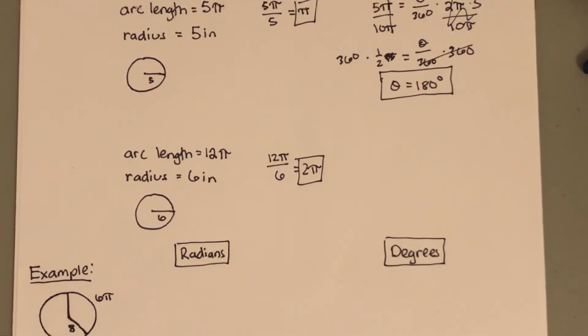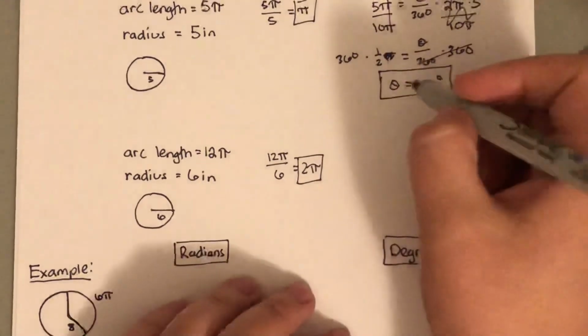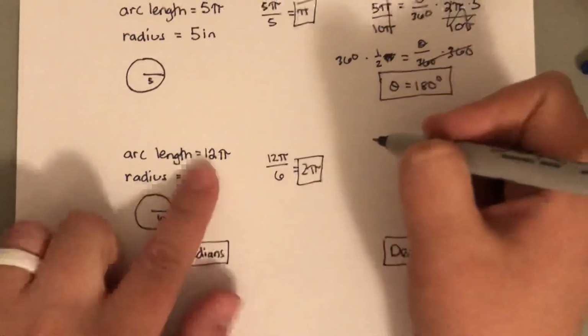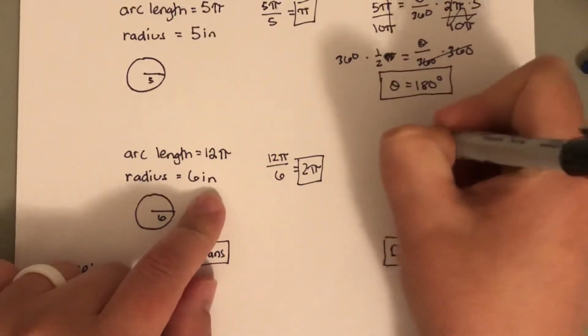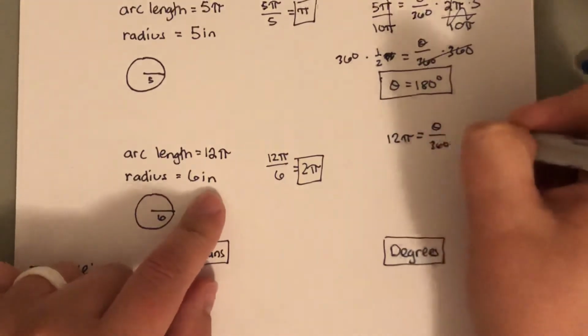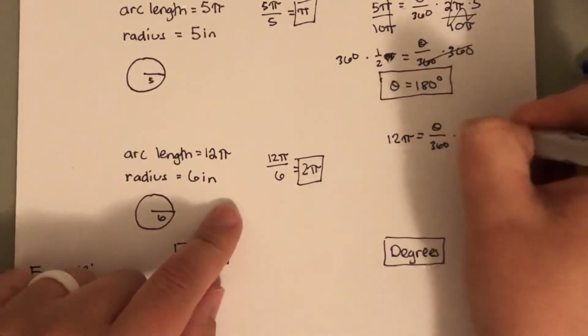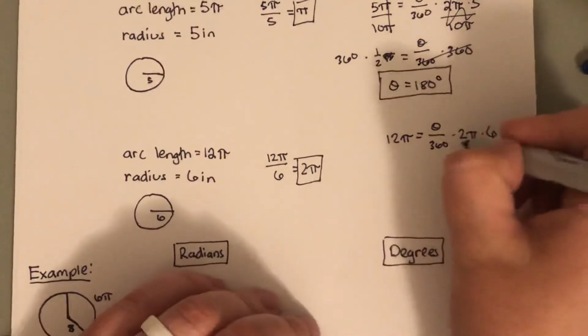Let's see what that would be equivalent to if we were talking about degrees. So if we're talking about degrees, I'm going to plug in these two pieces of information into my formula for degrees. So 12 pi equals, I don't know yet, theta over 360 times 2 pi times 6. Okay.